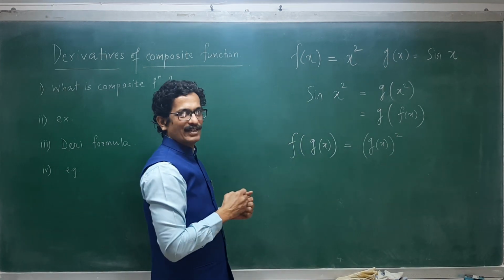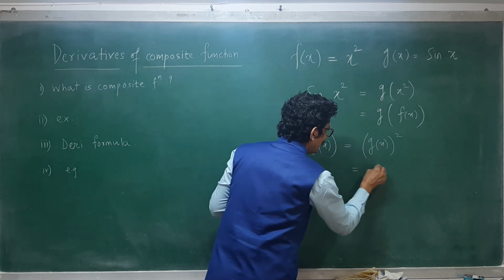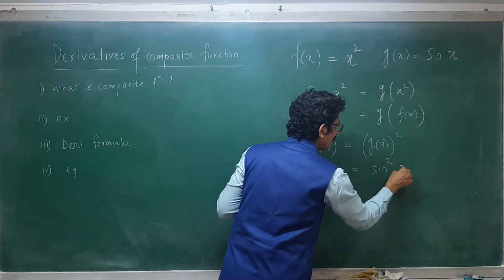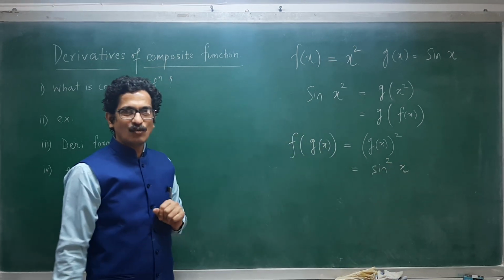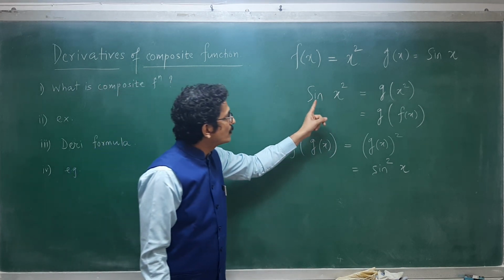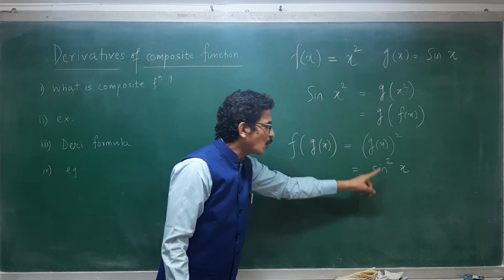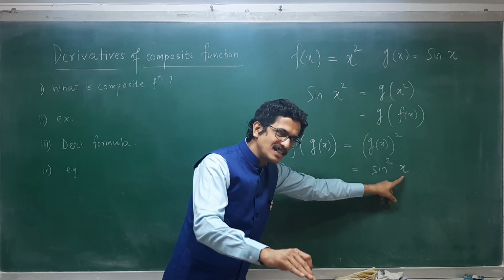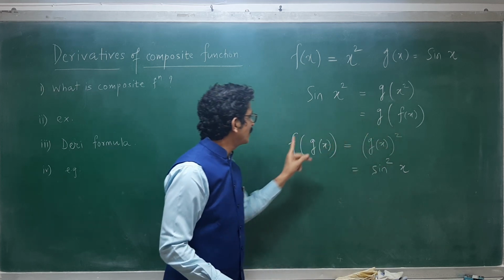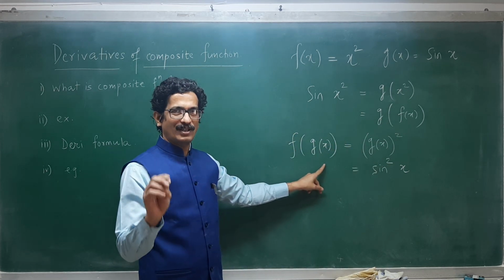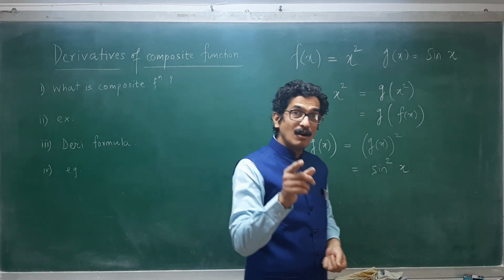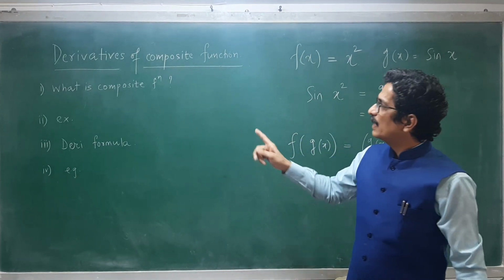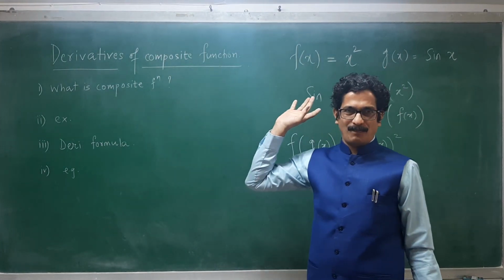But g of x is sine x, and therefore this function is sine square x. So sine of x square is not sine square x; g of f of x is not f of g of x. These are two different concepts, but a function of a function is called a composite function.